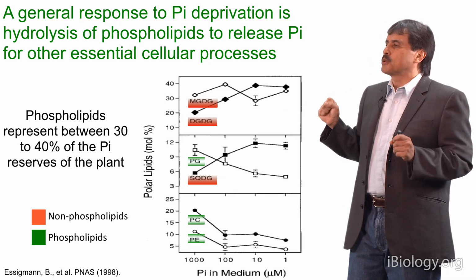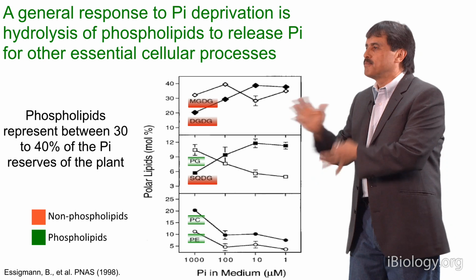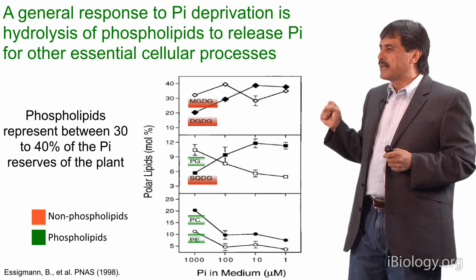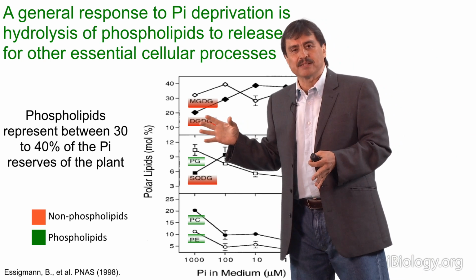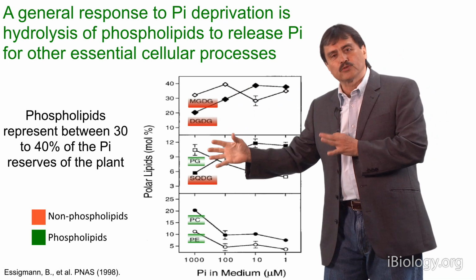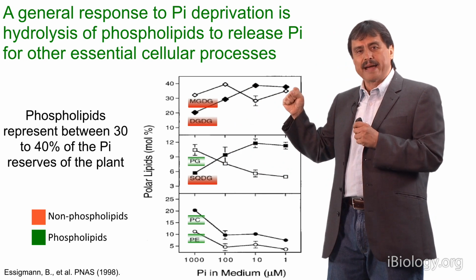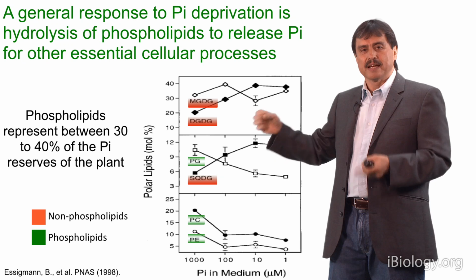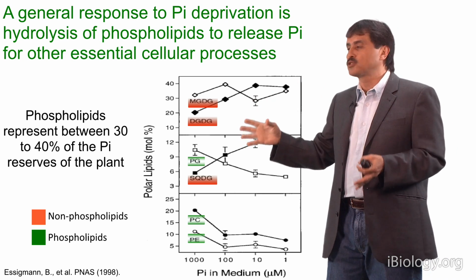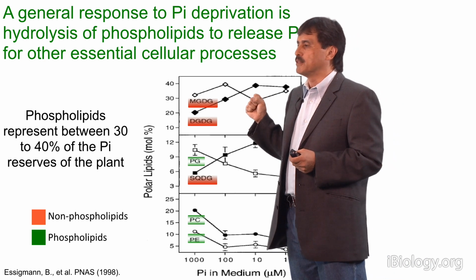The plants also respond by remodeling major components of the plant cell. For instance, the plants degrade phospholipids when they face low phosphate availability and replace these phospholipids in the cell membrane by galactolipids or sulfolipids. These are lipids that don't contain phosphorus, but actually maintain the structure and functionality of the membrane.